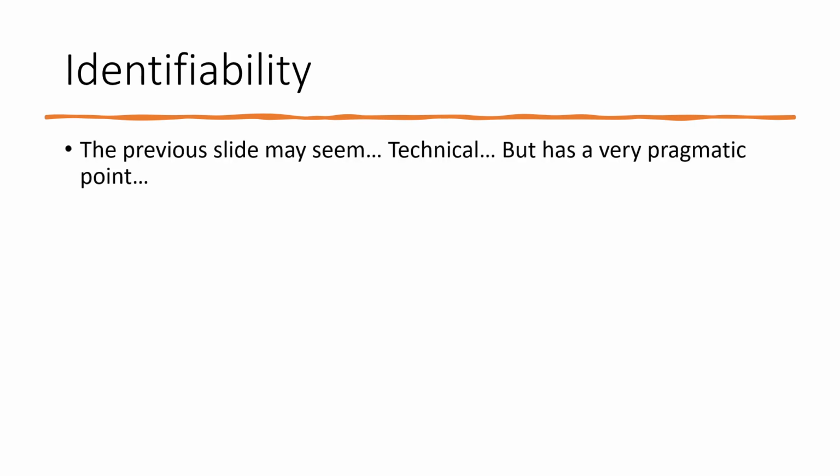So the previous slide might seem a bit technical with the discussion of variances and covariances and comparisons of an observed matrix and a model implied matrix, but it actually has a very pragmatic and applied point. That is, what are we actually analyzing?